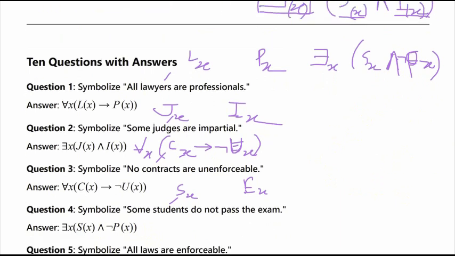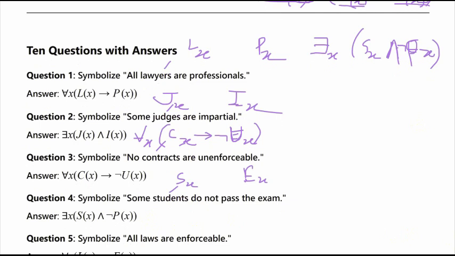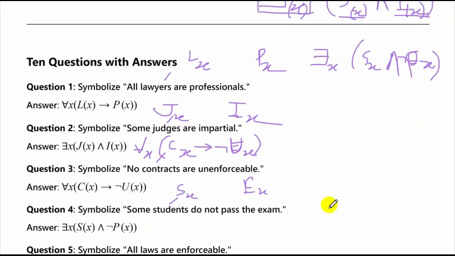Next, symbolize: all laws are enforceable. So this is universal positive. So for all x, if x are laws, then it implies x are enforceable.